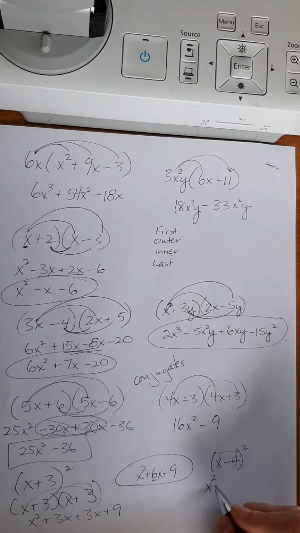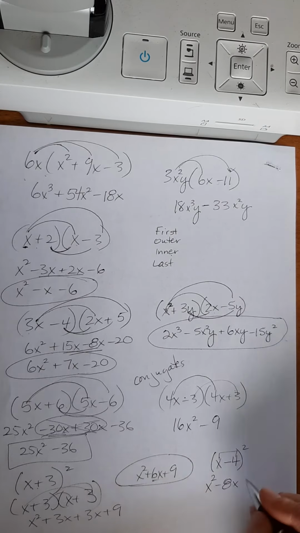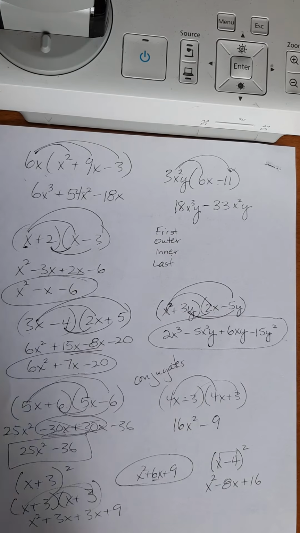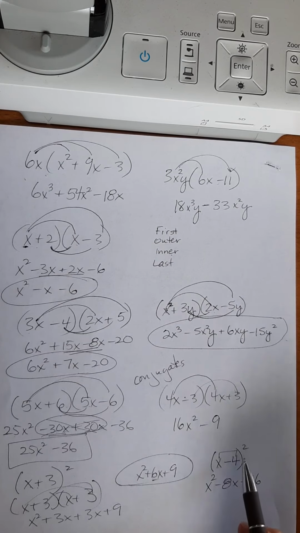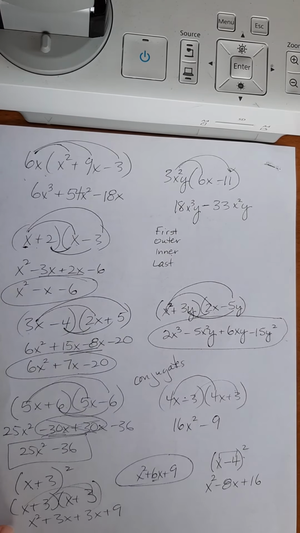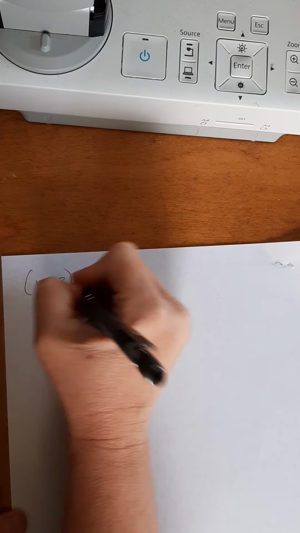So x and -4, -8x, square the last, 16. You don't have to do the shortcut. It only works on those. Same thing. I always like to help you out when I can, give you shortcuts, whether it's ACT help or whatever. Now, let's get fancy.